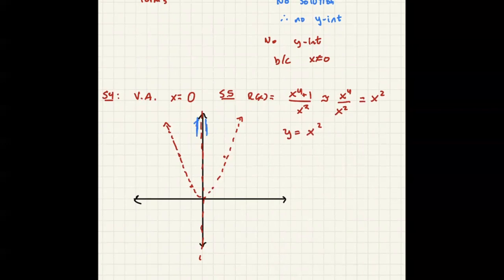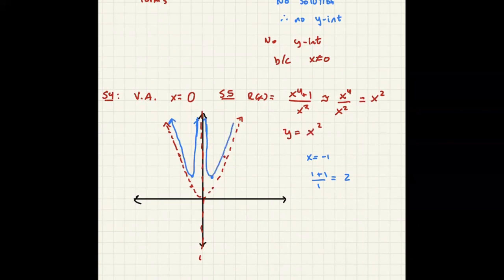And if you actually plug in some values, so we plug in x equals -1, you're going to get 1 plus 1 over 1, which is equal to 2. So at -1, you're going to get 2. And at +1, you're also going to get 2 because it's even. So our graph is actually going to curve that way.